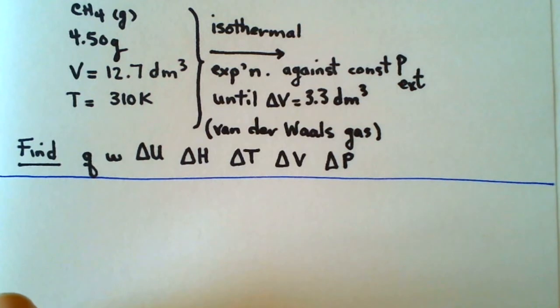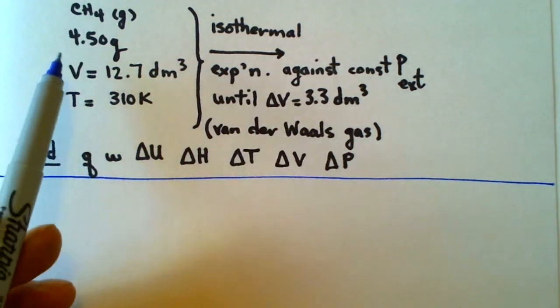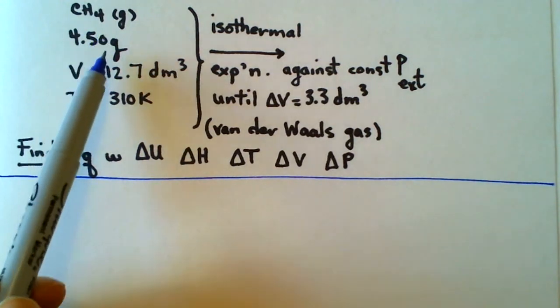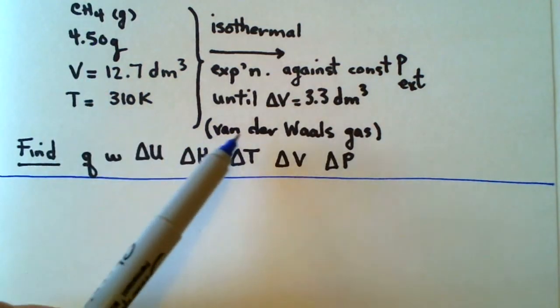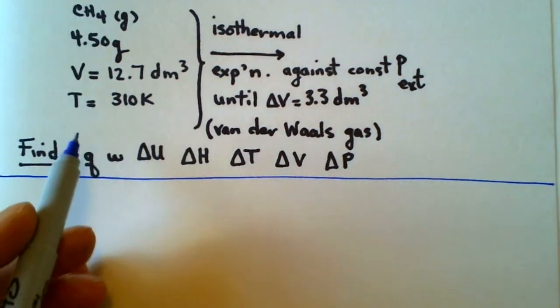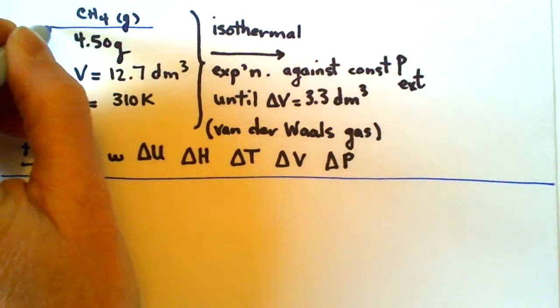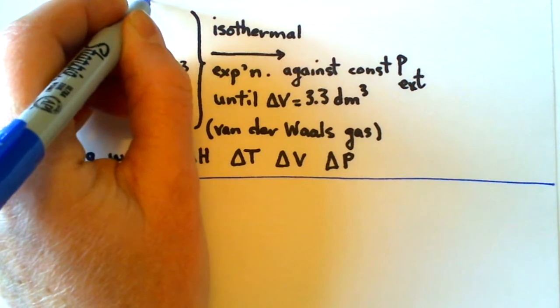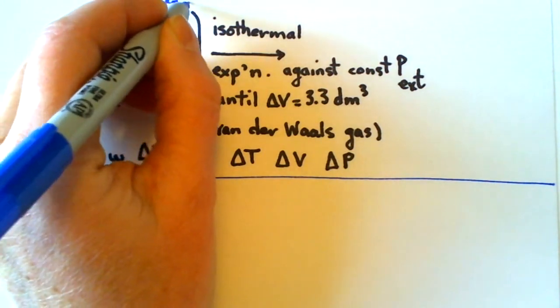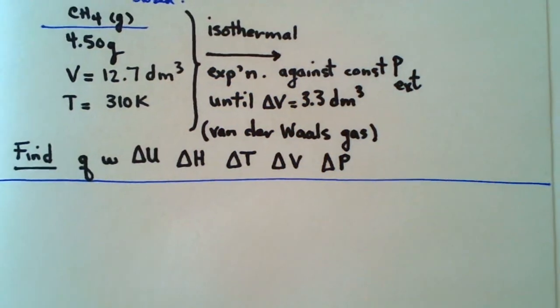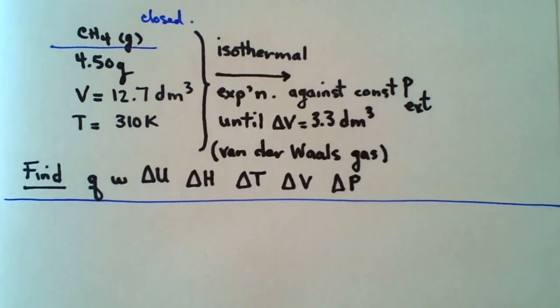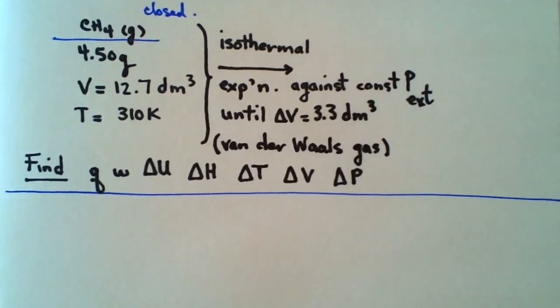So it's a very important step that you shouldn't skip, and that is to look at the wording of the question and extract out what it is that we are given. And so in this case, it is methane. It's a closed system. Methane is behaving as a van der Waals gas, so it's a real gas.